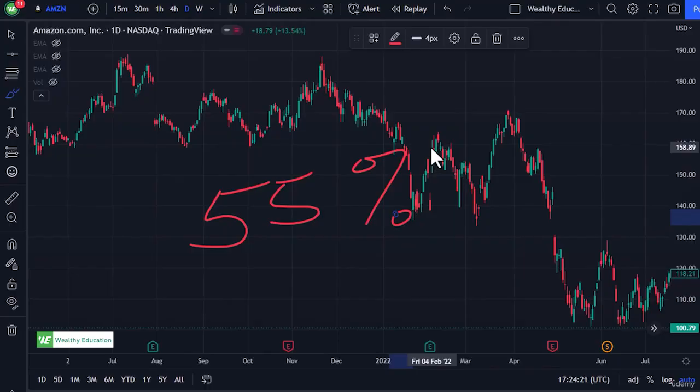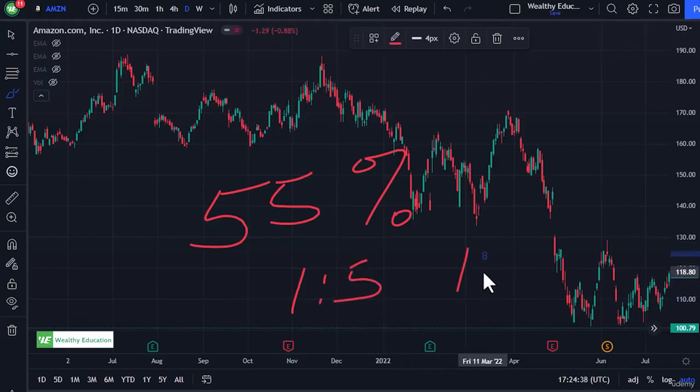But they overcome this because, number one, they let their winners run and they get rid of their losers pretty quickly. So some of these traders might have like a 1 to 5 ratio. Some might have 1 to 3, whatever. The point is that they are aiming for much more than they are risking. That's the other part of this that doesn't get talked about enough.